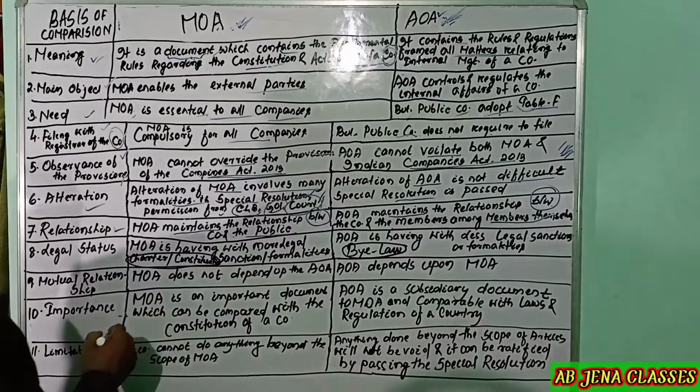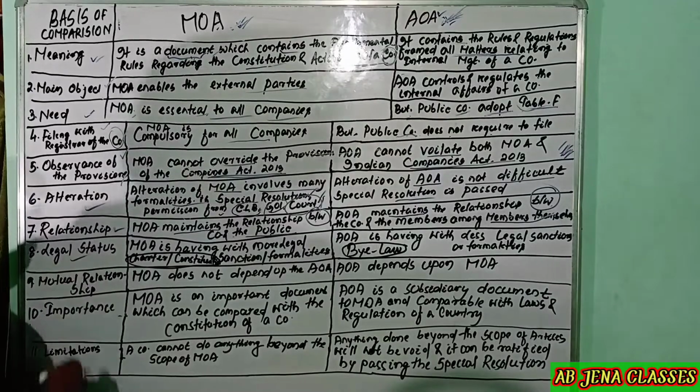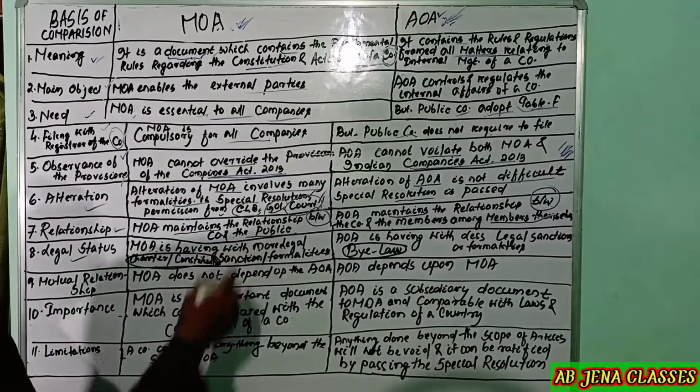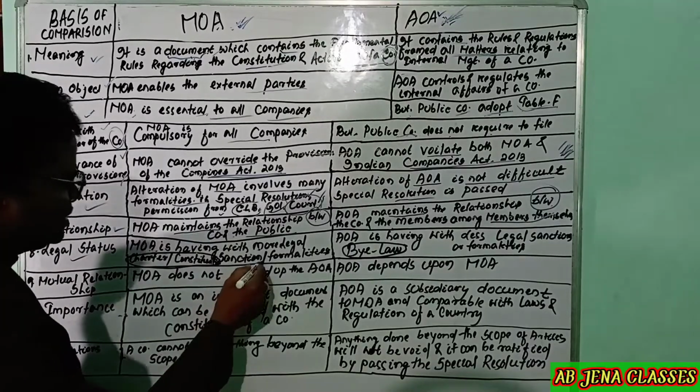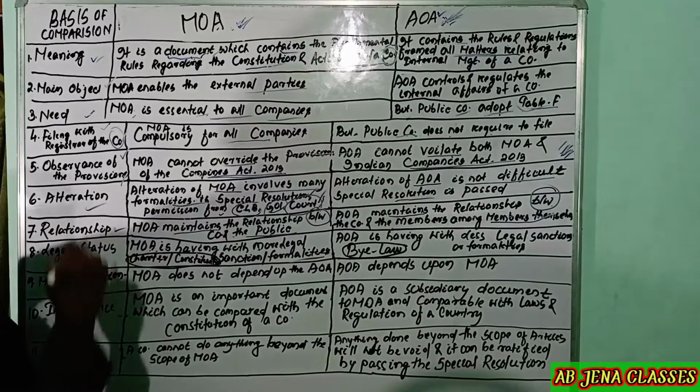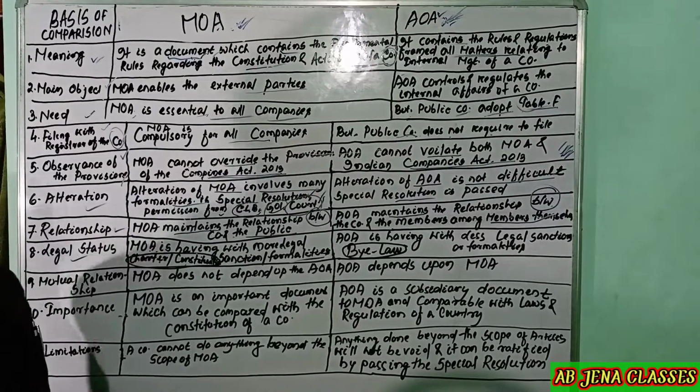Next, the basis of comparison is the legal status. The Memorandum of Association has many legal sanctions and formalities, which is why it is a charter or constitution of a company.